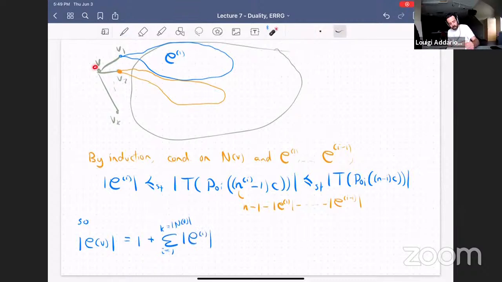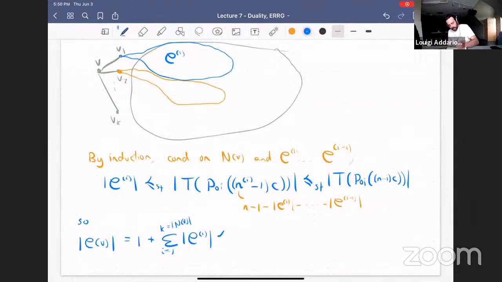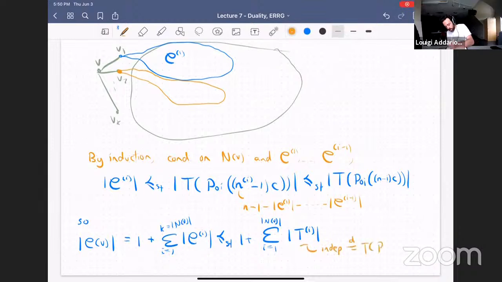That's the component containing v just contains v plus all of these pieces. And that's now stochastically at most 1 plus the sum over i from 1 up to Nv of the size of Ti, where, because we had this stochastic bound even conditionally, we can say that on the right these are independent Poisson (n minus 1)/c Galton-Watson trees.